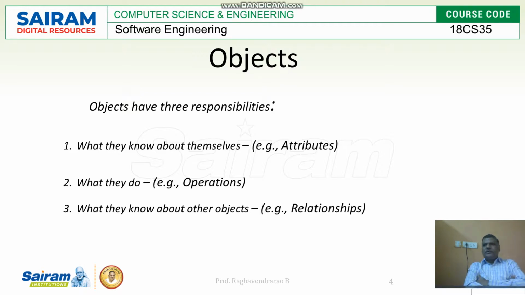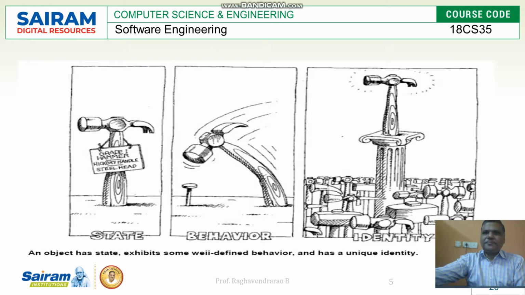So they can transfer the money from their account to here, that is, to your account. That is a relationship that you are going to have. Here it is saying that the object is going to have the state, behavior, and identity of the thing.